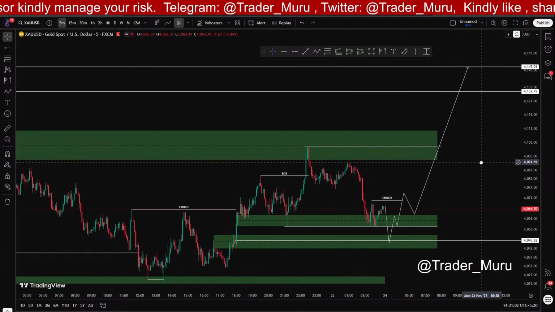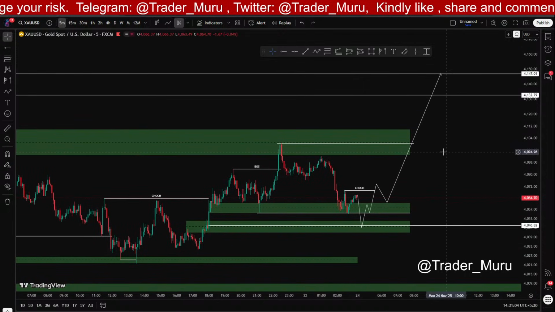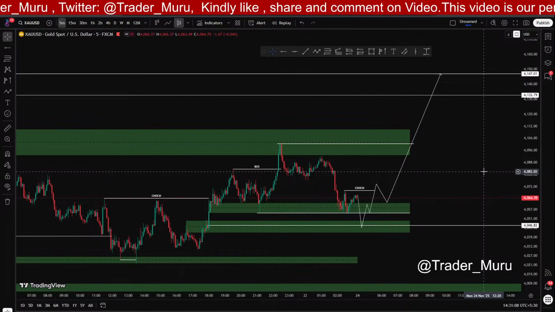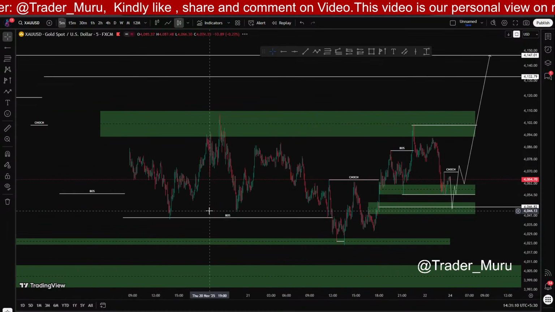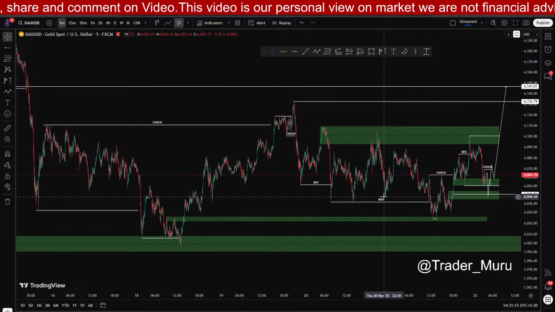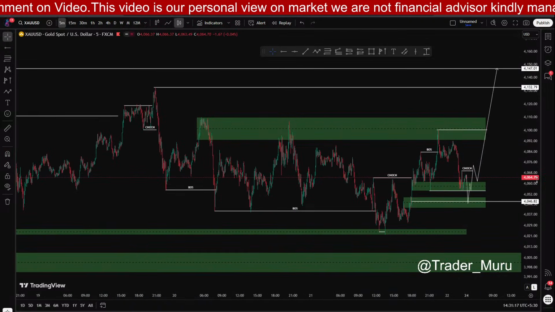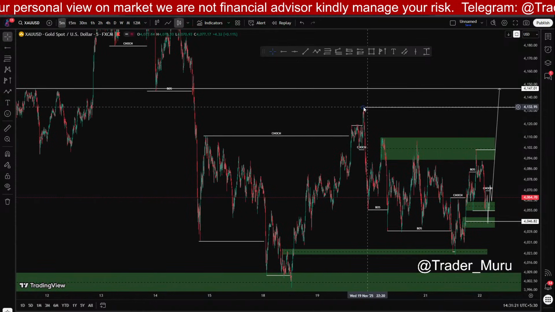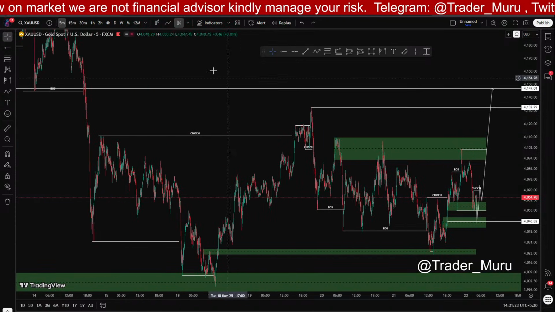And again, for the new members, I'm still expecting gold to bounce again, because the main structure is still bullish and it's intact, and I'm expecting price to again break above this high and create a new breakout structure in 1 hour time frame.